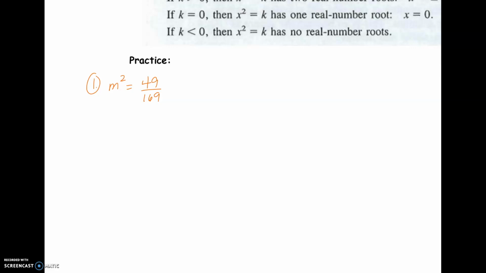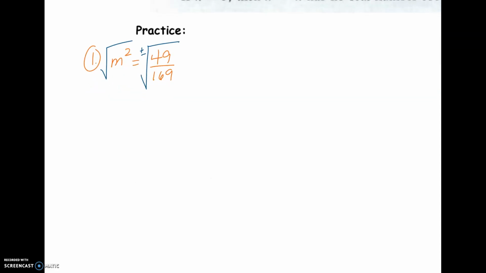Well, how do I get m by itself? To undo something that's squared, remember we took the square root, and it's always positive or negative when you do that. The square root of something squared becomes m. The square root of 49 is 7, and the square root of 169 is 13. So we end up with two solutions. m equals positive or negative 7/13.